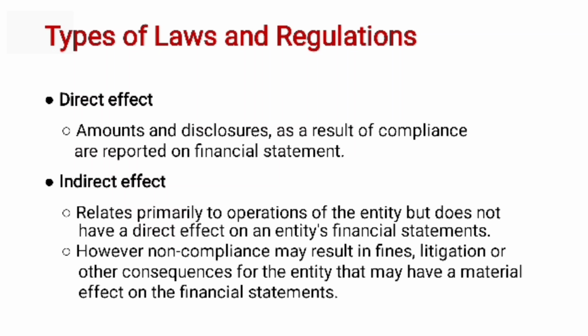Non-compliance with those types of laws and regulations can have a direct impact on the financial statements, or the amounts and disclosures reported on the financial statements of our clients.